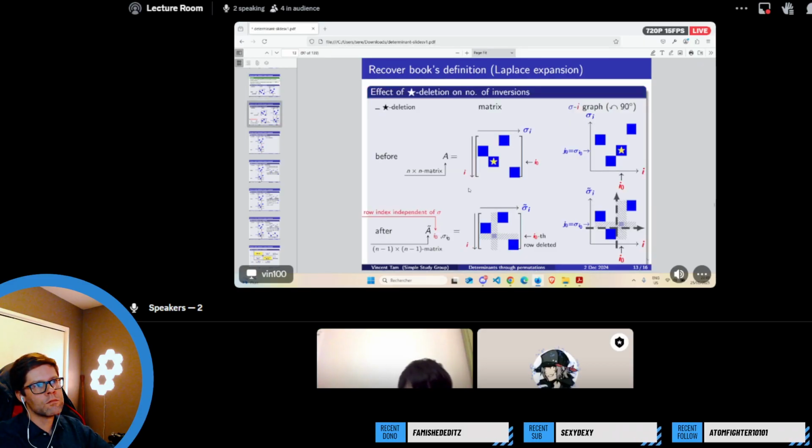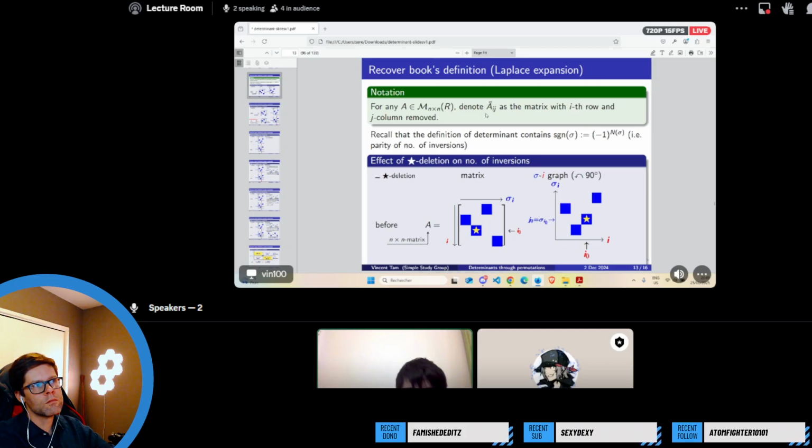Now to understand the book's definition, I forgot to mention one symbol that I'll be using: A tilde ij means the matrix with the ith row and jth column removed.